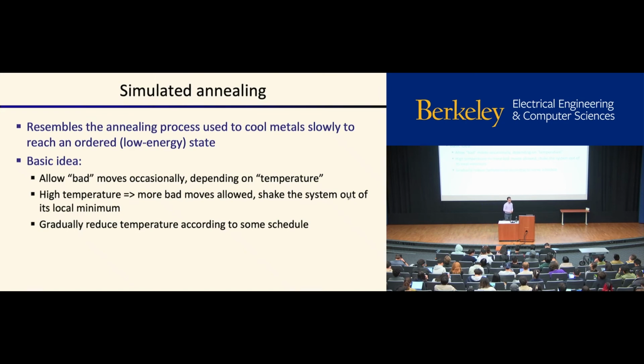So depending on the temperature, this is kind of like you're shaking a plastic landscape with a marble on it, and you're trying to get the marble to go to the bottom of the lowest valley. You shake it fast at first so that it gets into a region with a large valley, and then you keep shaking it.